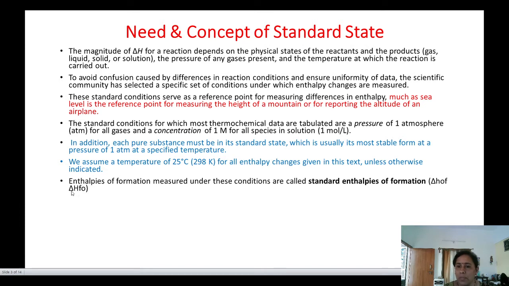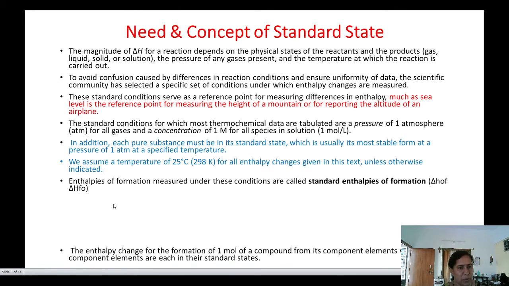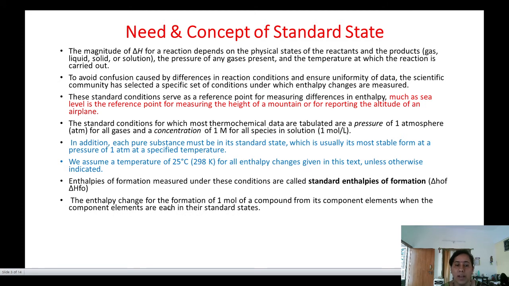This can be denoted by delta H with subscript f and superscript o. The standard enthalpy change is for the formation of 1 mole of a compound from its constituent elements when the component elements are in their standard state.